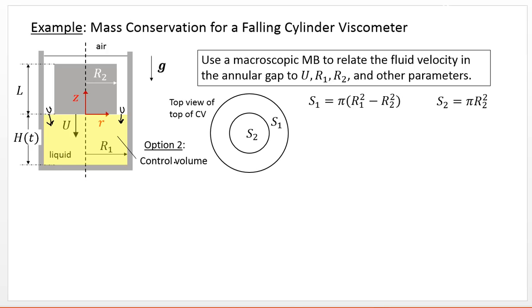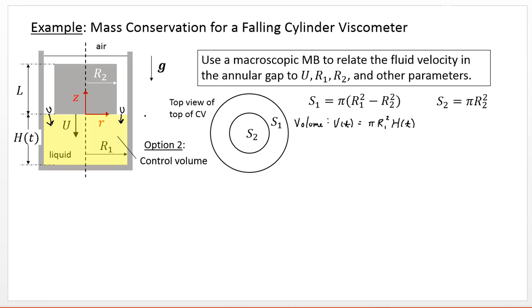Well, we look at it, and the first thing we can say is we still have these two surfaces, S1 and S2, but they're both moving downward at velocity U. So first of all, the volume V of t is going to be equal to pi r1 squared times h of t, because the entire top surface, S1 and S2 combined, moves downward at velocity U, and therefore this is the volume.